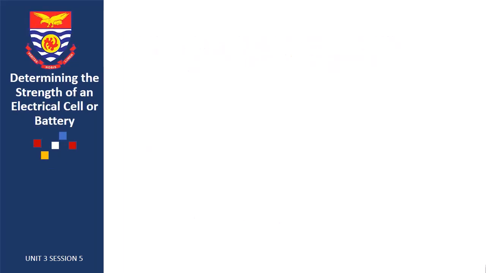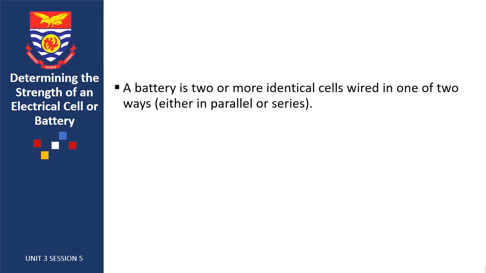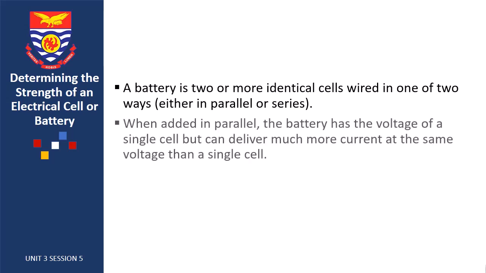Now, how do we determine the strength of an electrical cell or a battery? But before that, what is the difference between a cell and a battery? A battery is two or more identical cells wired in one of two ways, either in parallel or in series. Whenever we have two or more cells, we get a battery, and a single one is called a cell.